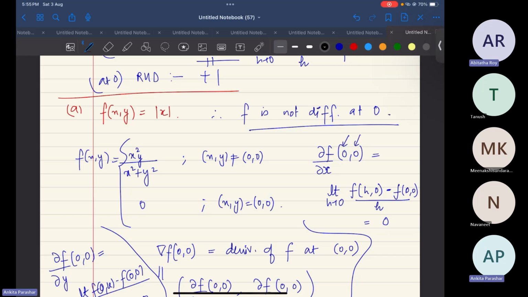The partial derivative with respect to x will have different values, and in the case of y, it will be zero altogether. Right. But you cannot write the partial derivative at 0. Suppose I want to check the function's differentiability at 0, 0. Does it have partial derivatives at 0, 0? What can you say about del f by del x at 0, 0? Does it exist?